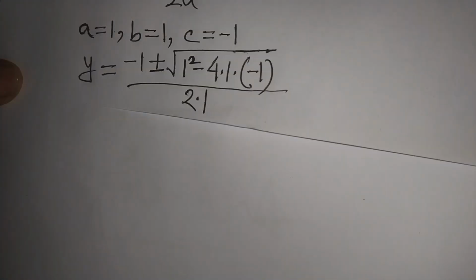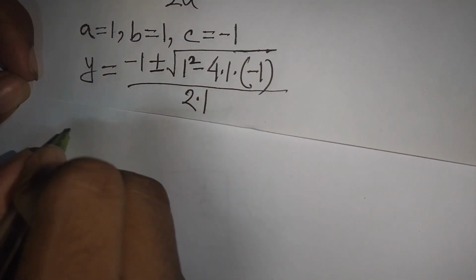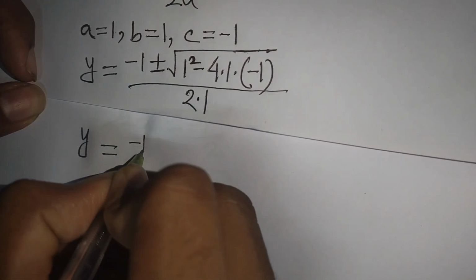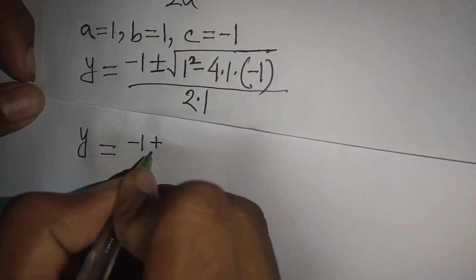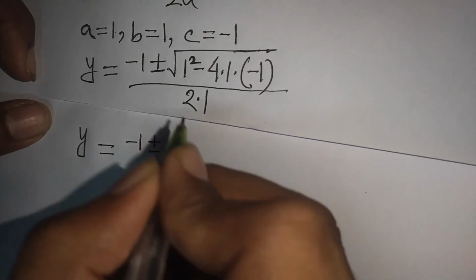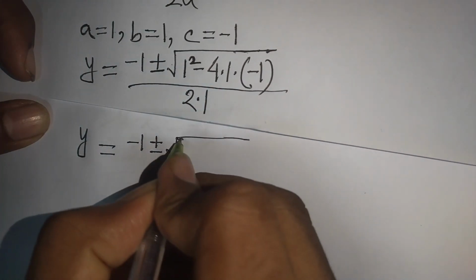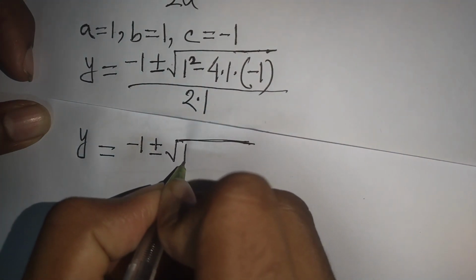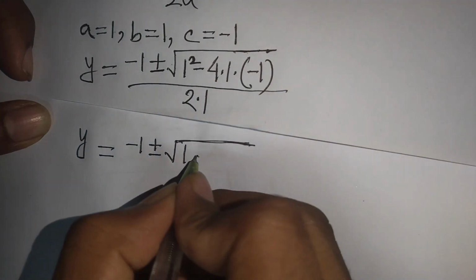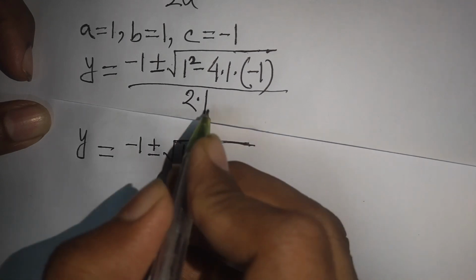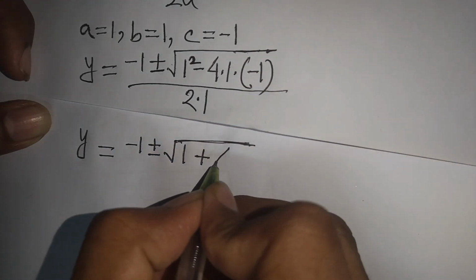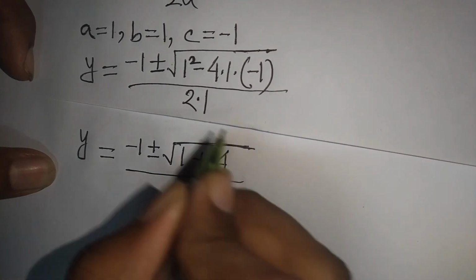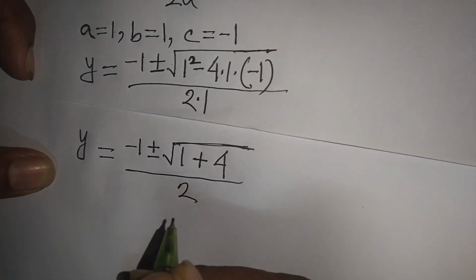Now we can write here y is equal to minus 1 plus or minus a square root of 1 square is same as 1, minus times minus, that means plus 4 times 1, that means it will be 4, then divided by 2 times 1, that means 2.